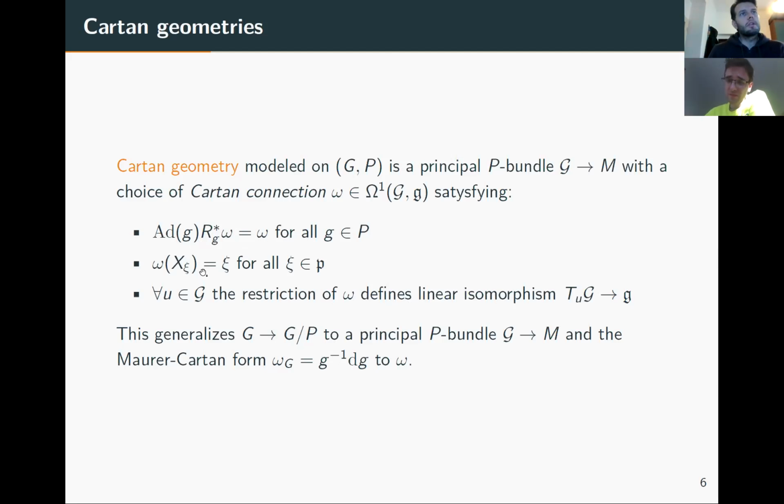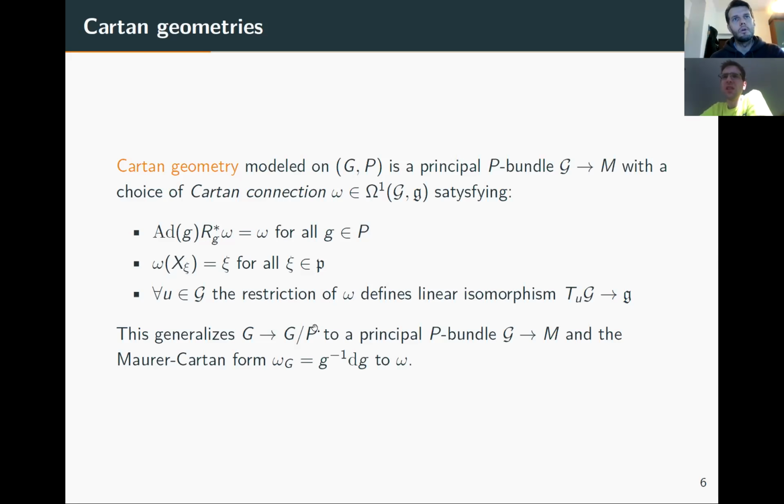So you have some kind of invariance with respect to right translations. This second property, for the homogeneous case, holds for all elements of the algebra G. What this is, this X psi, is the fundamental vector field.